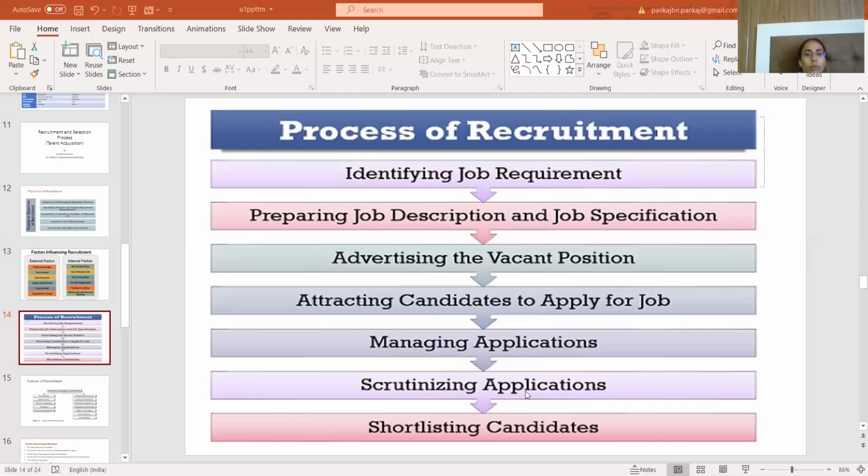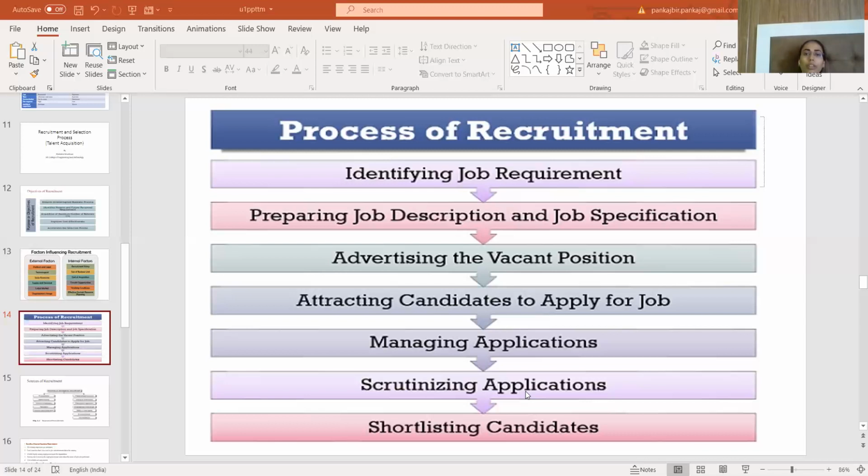The first step is to identify the job requirement. On the basis of job designing, which we have discussed earlier, the organization or the HR department needs to identify the requirement of the job.